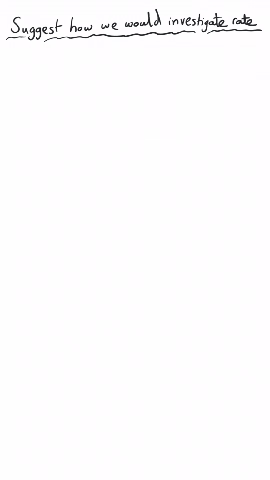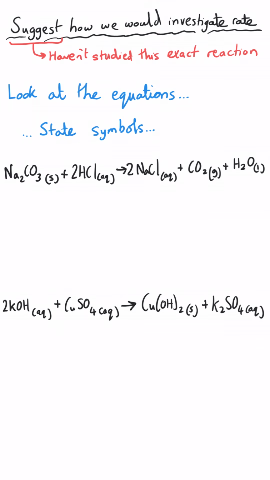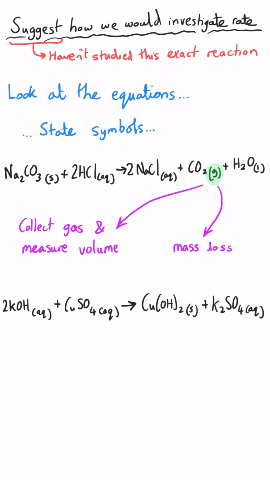You need to be able to suggest a method for measuring the rate of a reaction just from some details about the experiment itself. So for instance, you need to be adept at looking at the chemical equation and paying attention to the state symbols. If we can see that a gas is being produced, that means that either of those first two methods is appropriate.